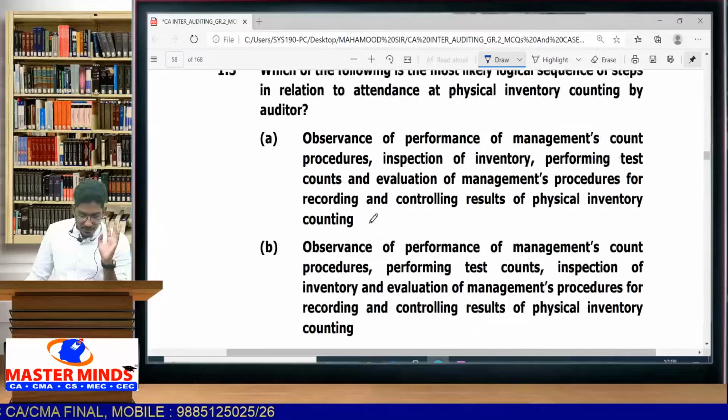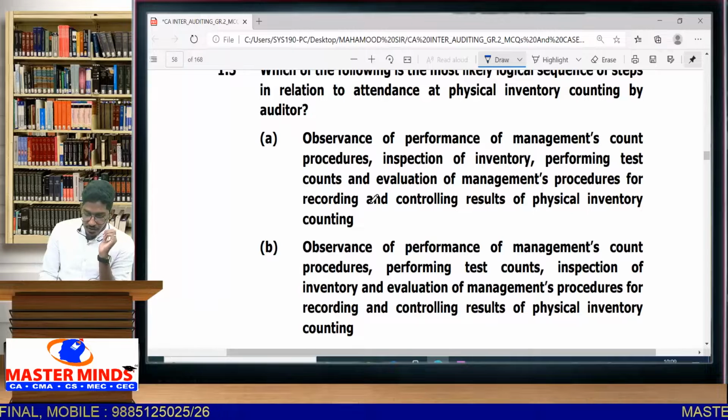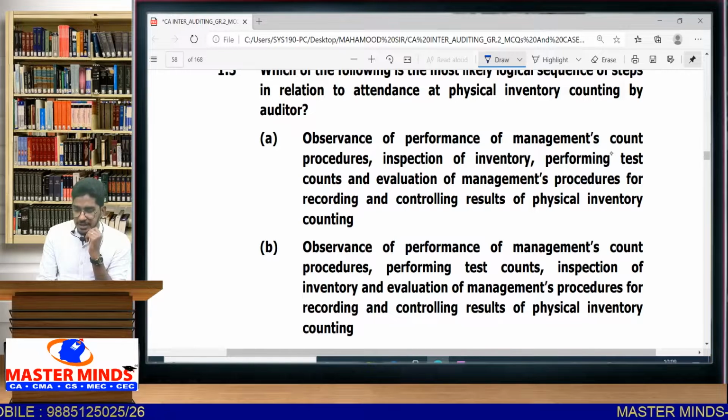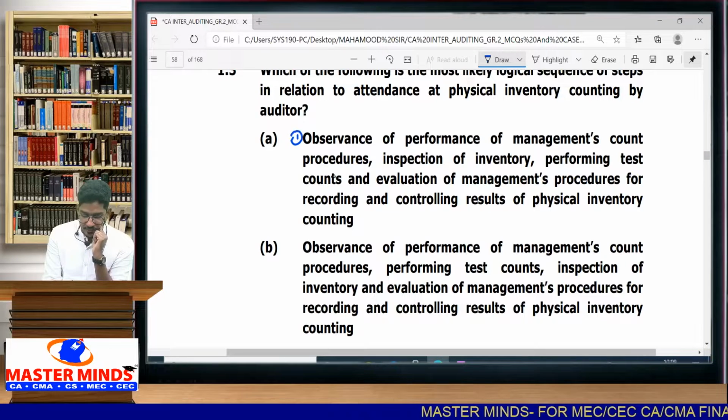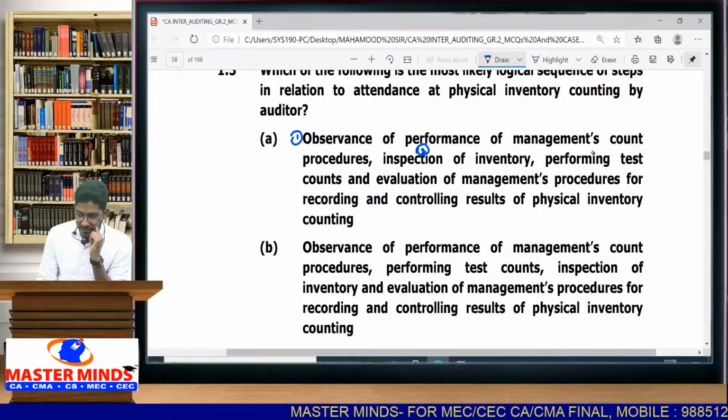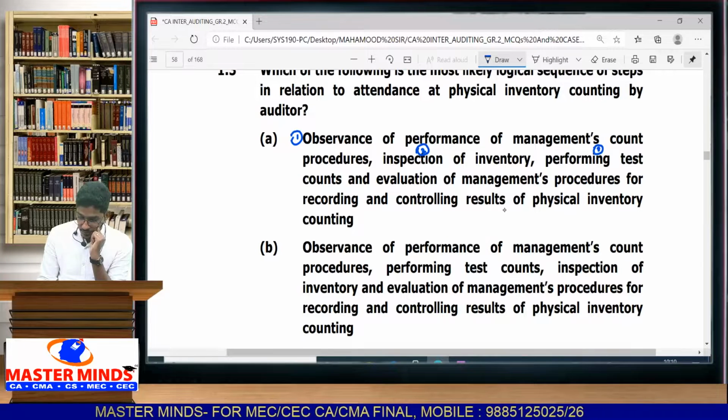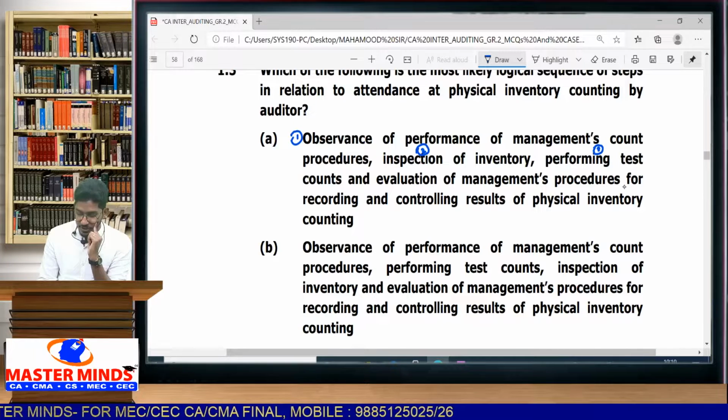So let us read the first one, what points they are giving. First one: observance of performance of management's count procedures, inspection of inventory, performing test counts, and evaluation of management's procedure for recording and controlling results of physical inventory counting.